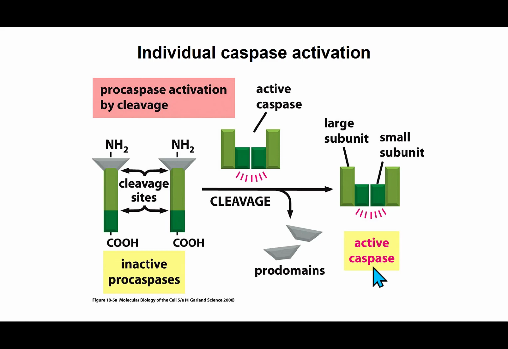That, of course, can go on to activate more caspases, also cut specific other target proteins, activating some, inactivating others, to cause these specific phenotypes of cell death. Notice that you go from two separate polypeptide chains to one multi-protein complex.